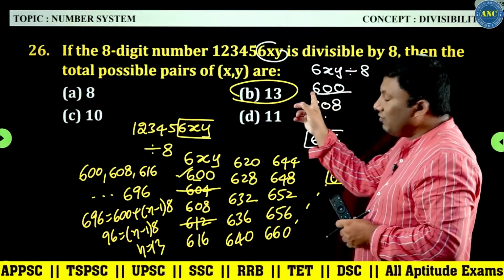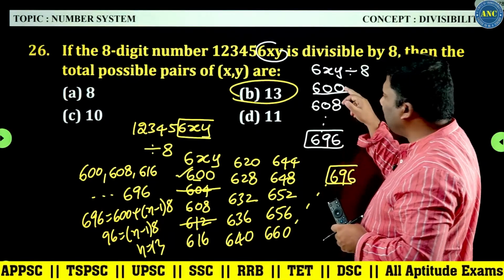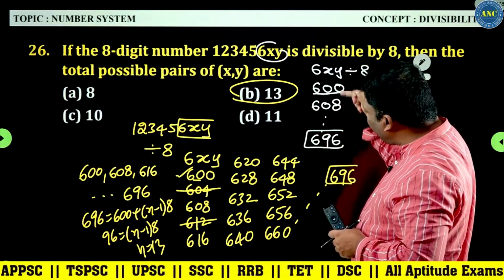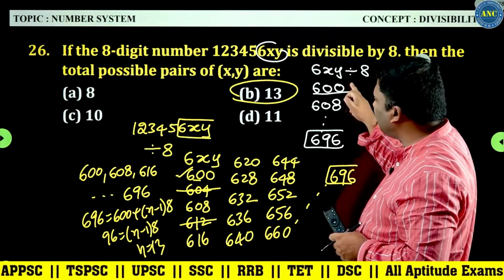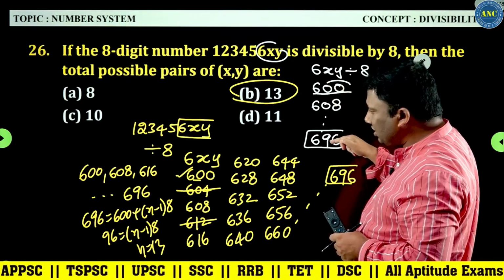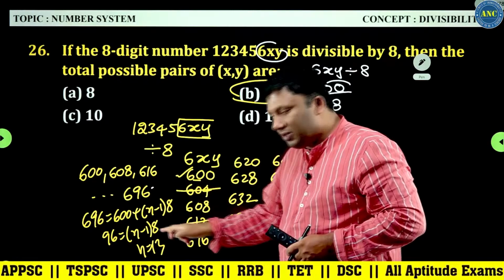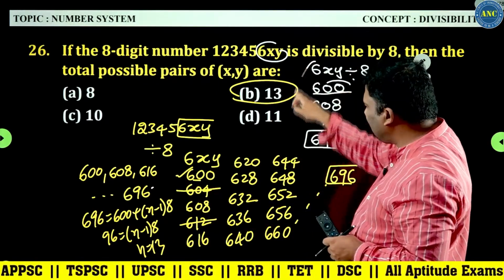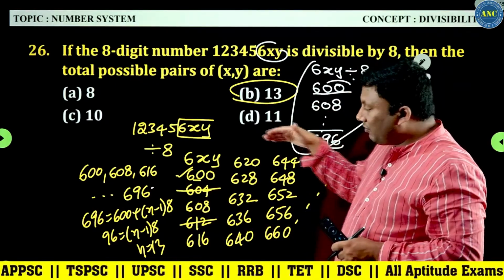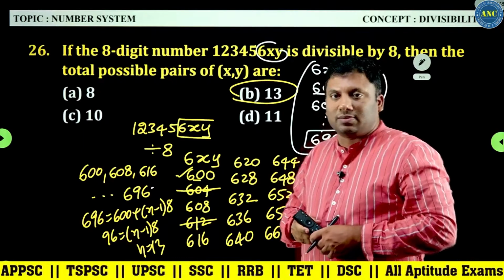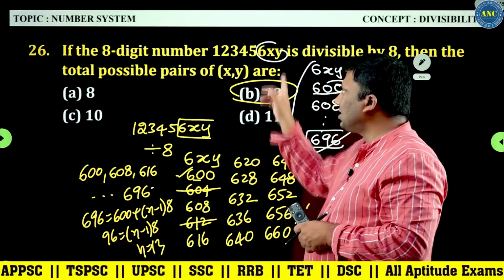Lowest number with hundreds place 6 divisible by 8 is 600. After every 8 numbers it is divisible. So 600 to 696. How many numbers did we get? 13. Directly in a single step you can write it instead of doing last 2 digits divisible by 4. I hope the idea is clear.